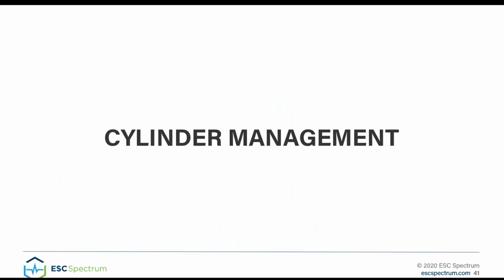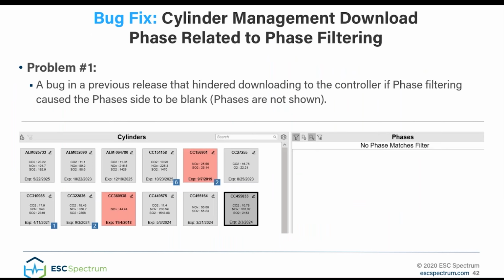Cylinder management. Cylinder management download phase related to phase filtering. A bug in a previous release hindered downloading to the controller if the phase filtering caused the phase side to be blank.